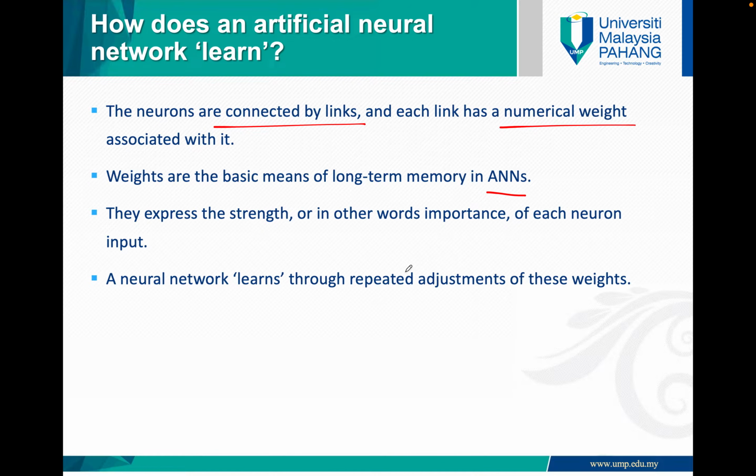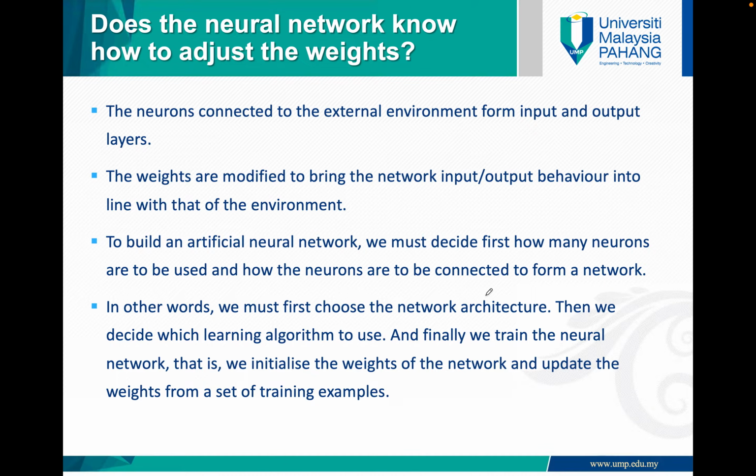A neural network learns through repeated adjustment of these weights. Every time you adjust the weight, the output will be different, and that is the process of learning for the artificial neural networks. So, does the neural network know how to adjust the weights?